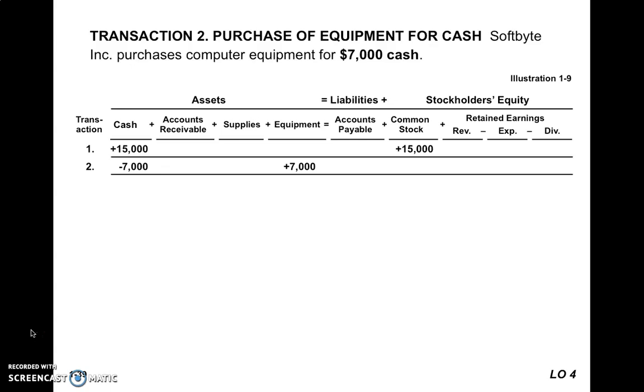So not every transaction will affect both sides of the equation. As long as the net effect is making the equation stay in balance, that is fine. In this case, assets went up and down by 7,000, therefore the asset net increase is 0, and the right-hand side of the equation, liabilities and stockholders' equity, was not affected.